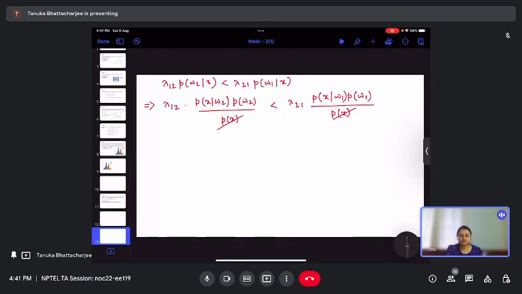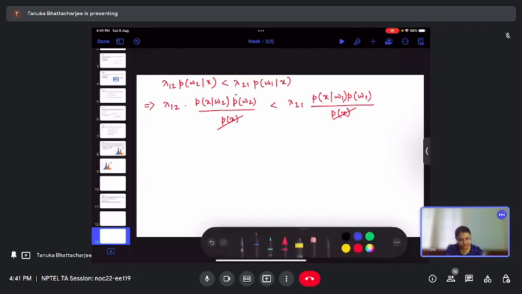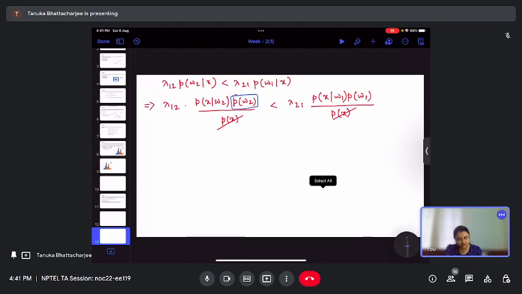Now, again we were given that prior probability of the two classes are equal. So, probability of omega 2, this term and this term are basically equal because the class prior probabilities are equal. So, we can also cancel these out.